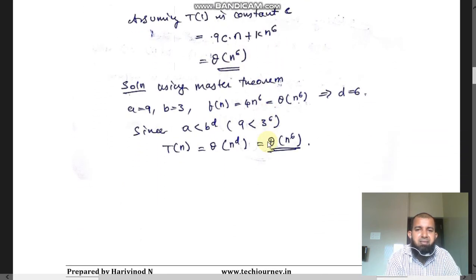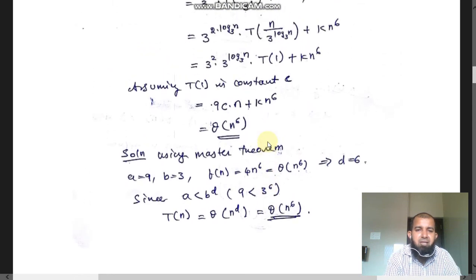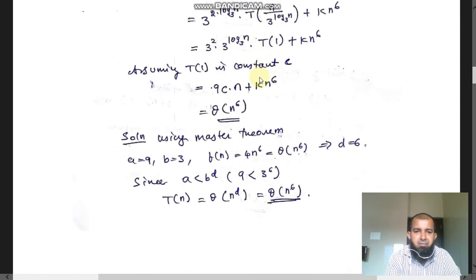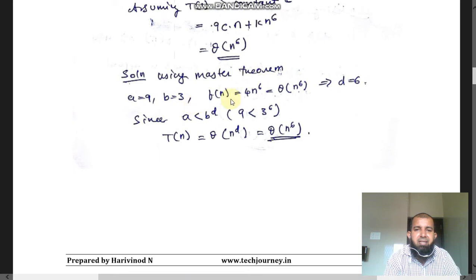By using the master theorem, the a value is 9, the b value is 3, and the d value is 6. So a is 9, and b to the power of d is 3 to the power of 6, which is a much larger value.